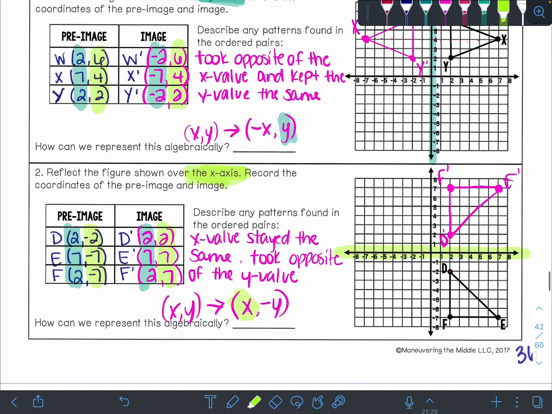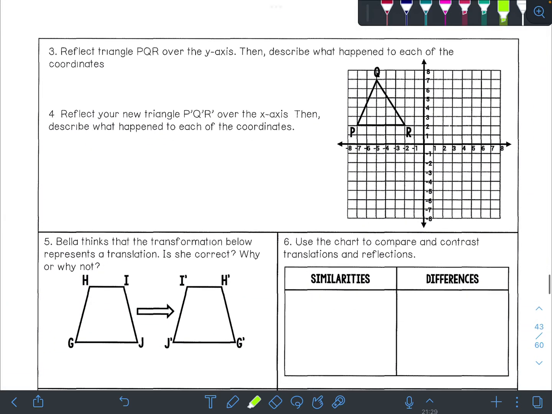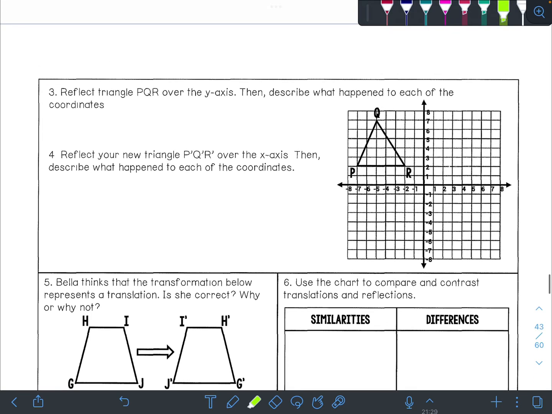So let's look at this one here. I'm going to let you try this one on your own. You're basically going to flip over your x-axis first. So for 3, you're reflecting over your x-axis, and then for 4, your shape is going to end up over here.